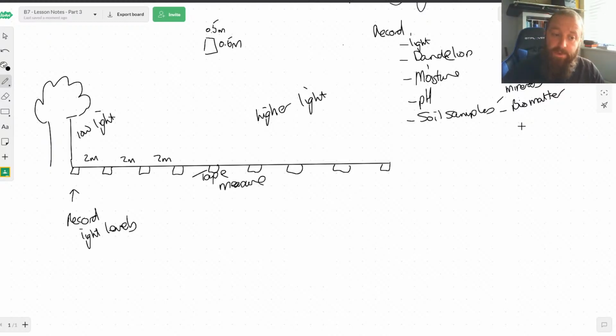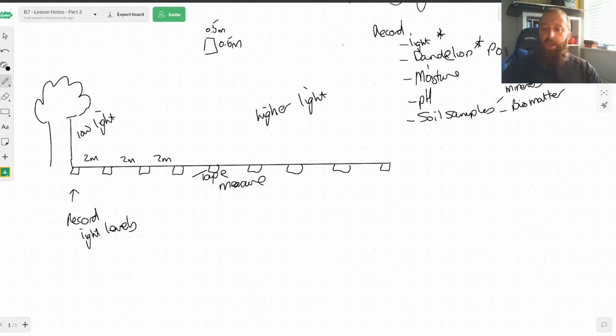We could do wind samples, so we could do all of these sorts of things as we're working our way out. But the key thing is we wanted to look at light, and we wanted to look at the dandelion population, and then all of this would be recorded into a table.